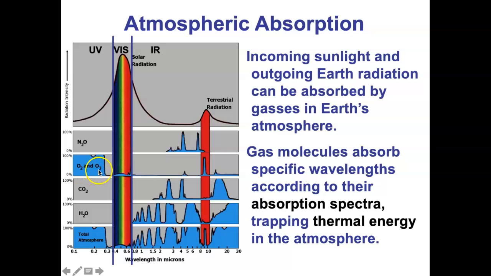Some of the oxygen in the Earth's atmosphere is O3, also known as ozone. And so ozone, like the ozone layer in Earth's atmosphere, is a really good absorber of ultraviolet light. So the oxygen in the Earth's atmosphere, specifically the ozone, is a really good absorber of ultraviolet.